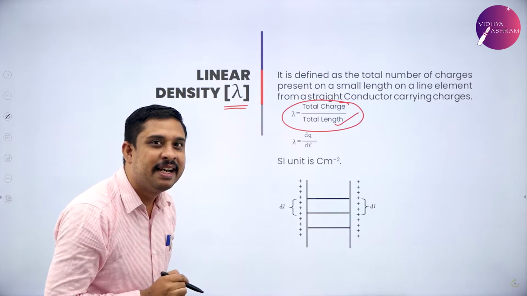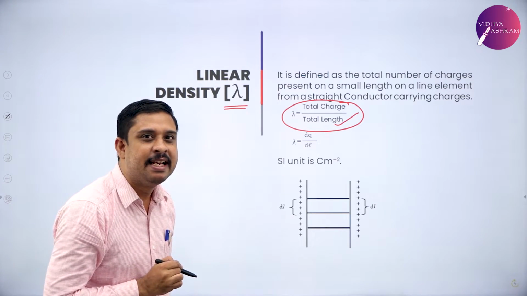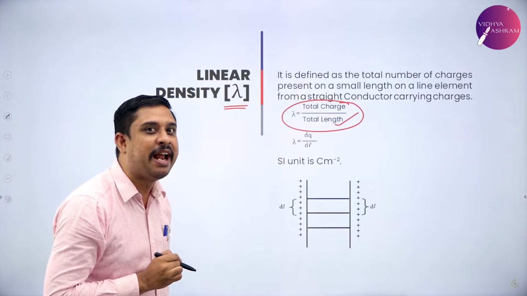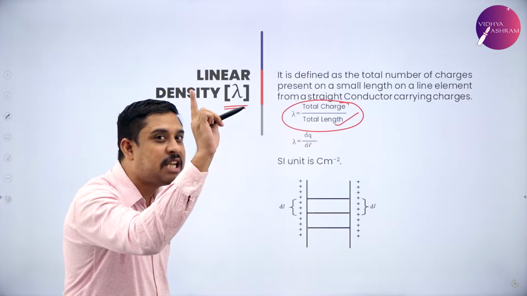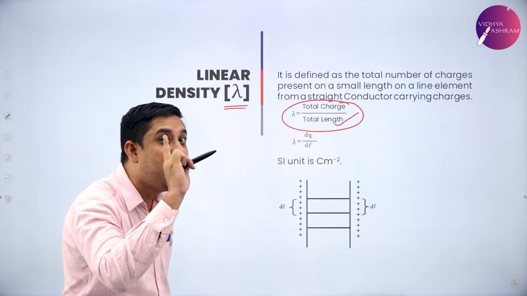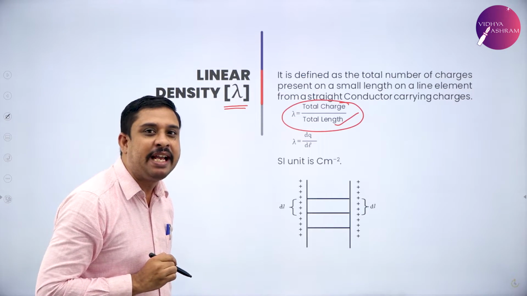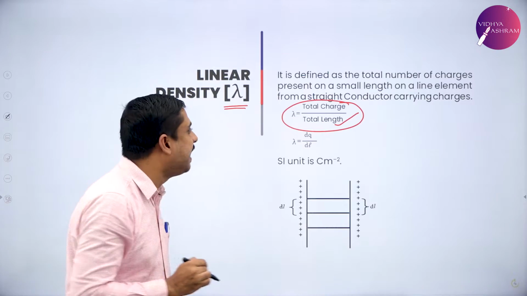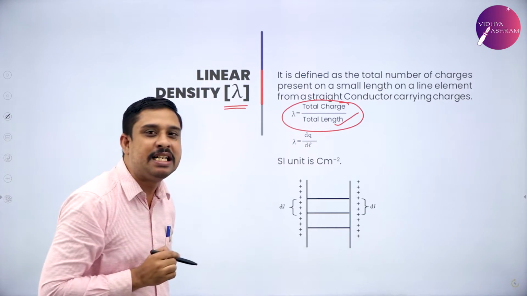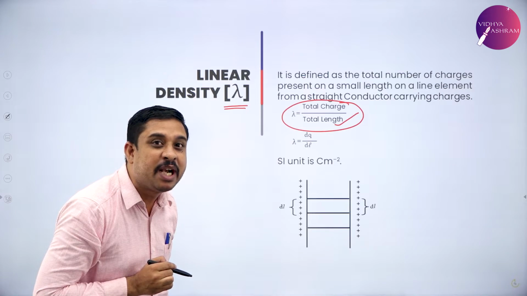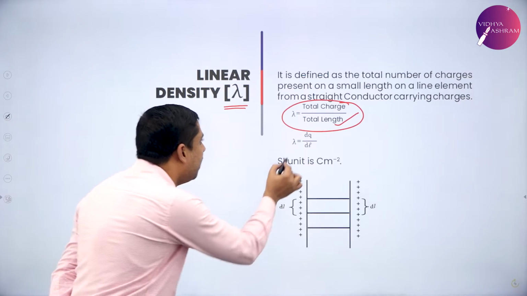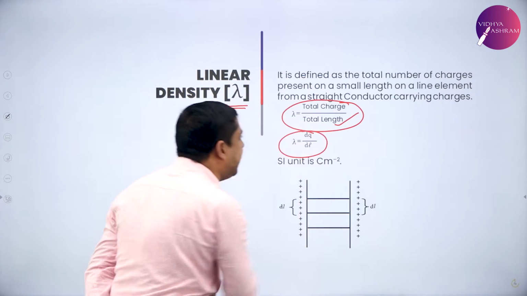Note the difference. Surface density, sigma, when I defined it, was total charge divided by total area. But when I define linear density, it is total charge divided by total length, dq by dl.